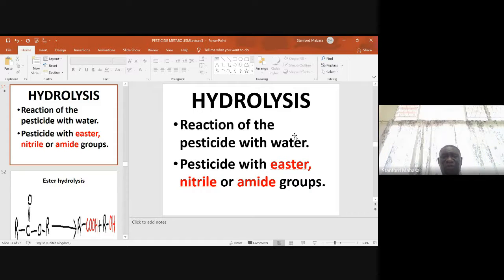These pesticides should possess, number one, they should have an ester. They should have a nitrile group, or they should have an amide group. So they should be ester, nitrile, or an amide. So if we add water to such pesticides, they will degrade or they will undergo a reaction. This is what we are going to examine.